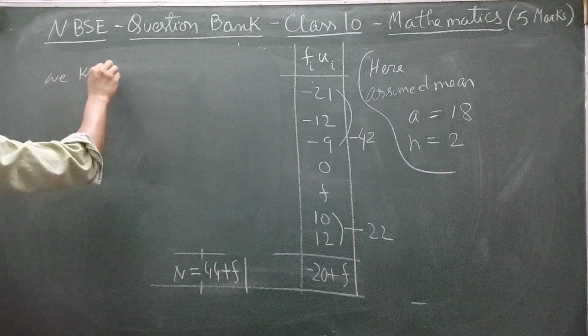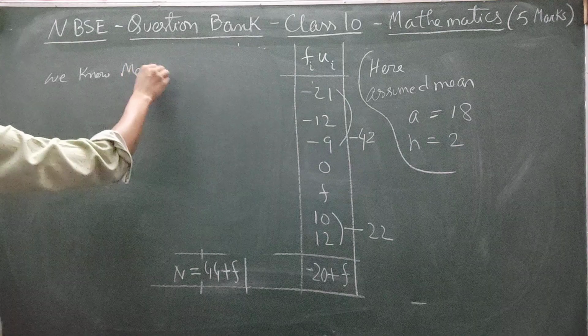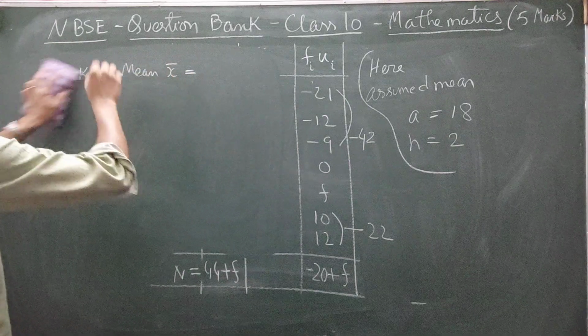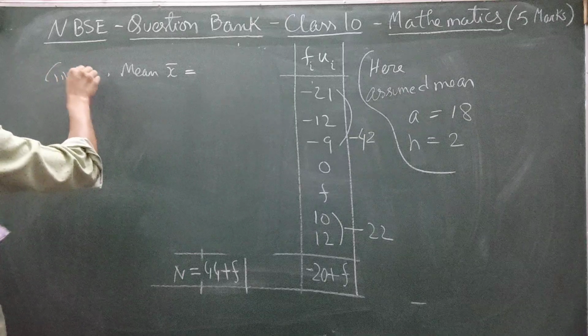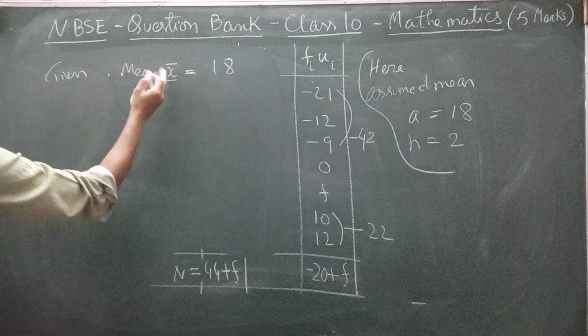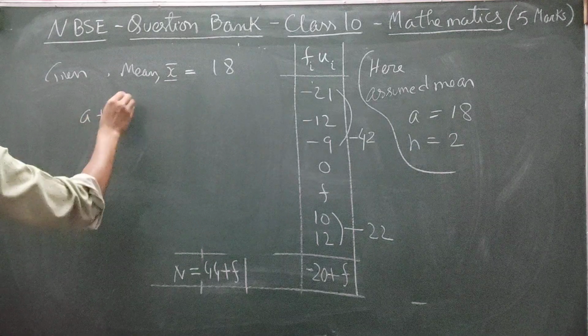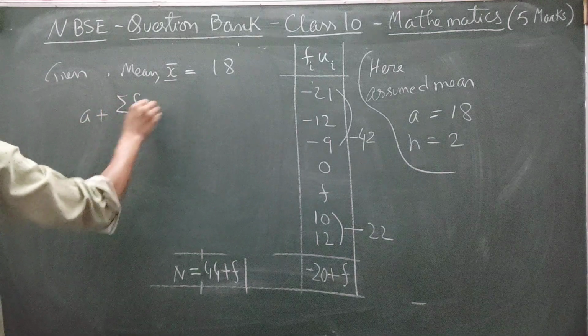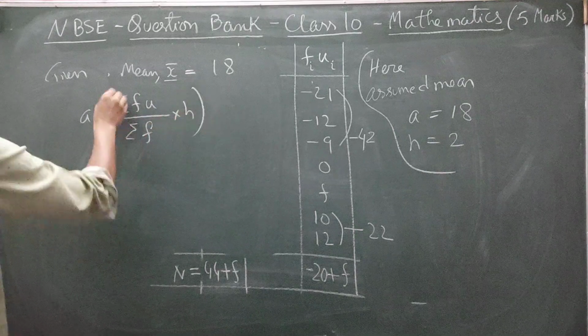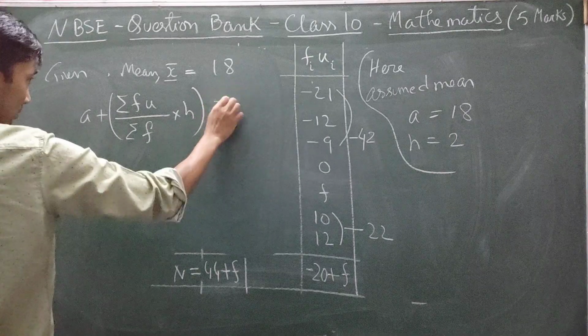We know that the mean x bar was given, 18. Now what is the formula for the mean on this side? We know the formula is a plus total of f into u divided by total of f, into h, the class width, equal to 18.